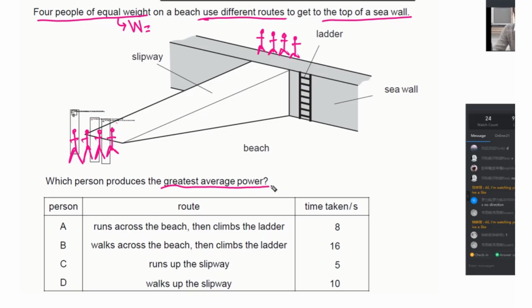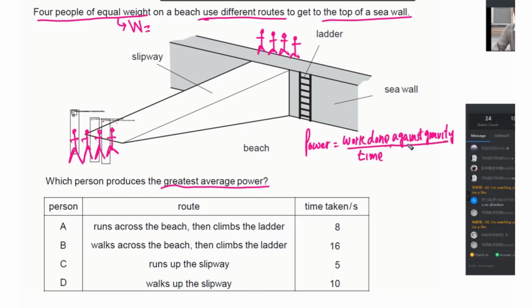This question is a little tricky one, so let me explain first. Power is equal to work done divided by time. In this question, we need to calculate work done against gravity.